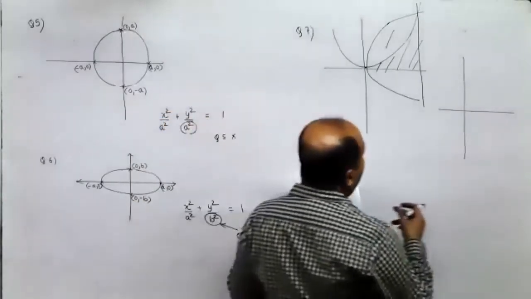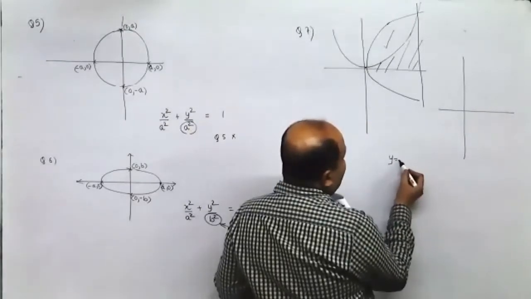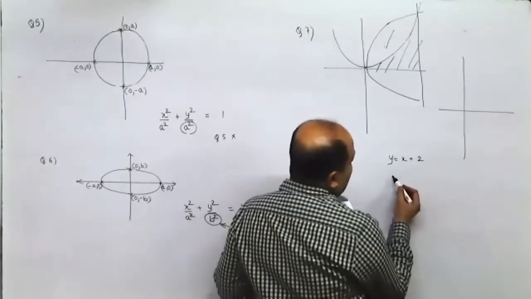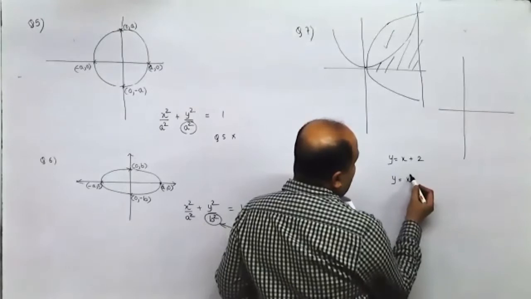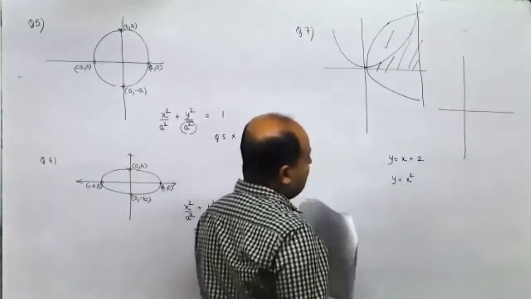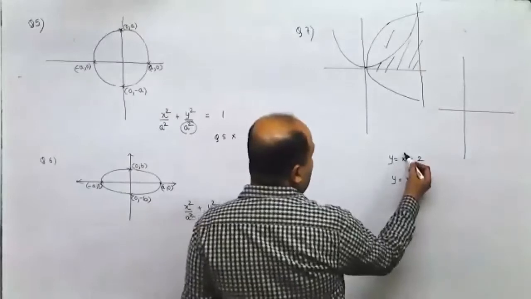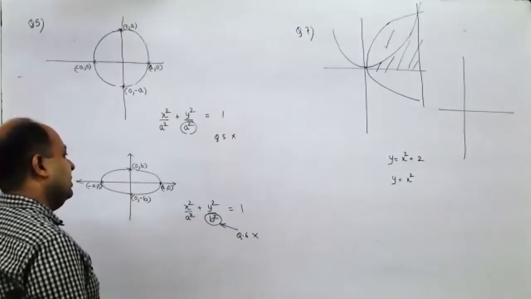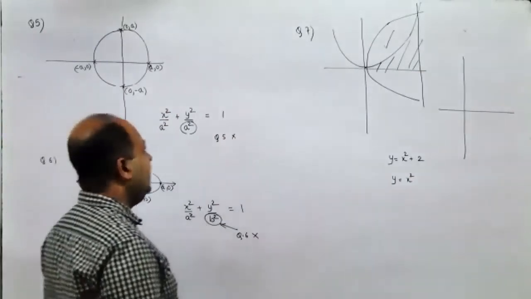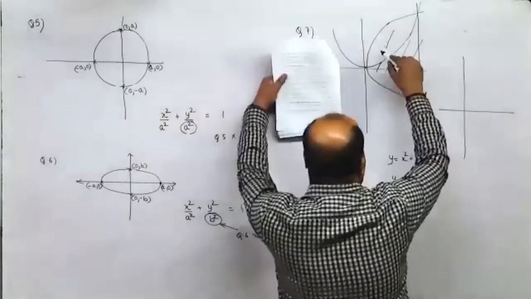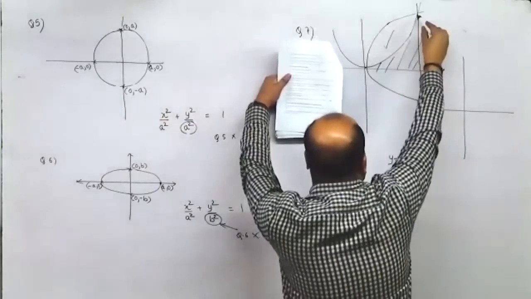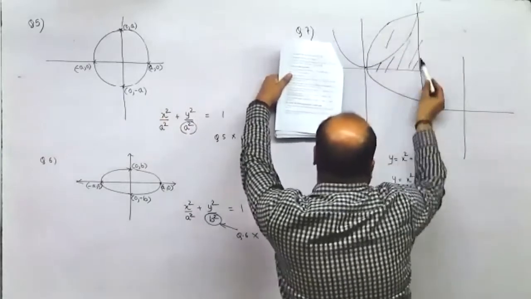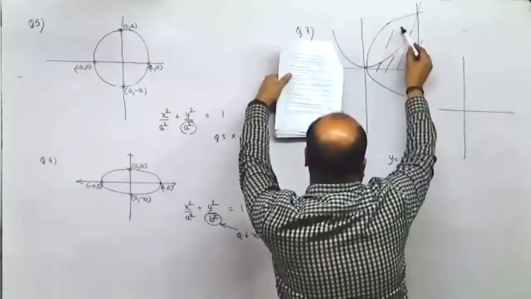Say I have two lines, y equal to x plus 2 and y equal to x square. How does it matter, y equal to x square? Area bounded by the curve. See, when I say area bounded between them, this is the region. I'll have to find this area and then subtract this area to get the bounded area.